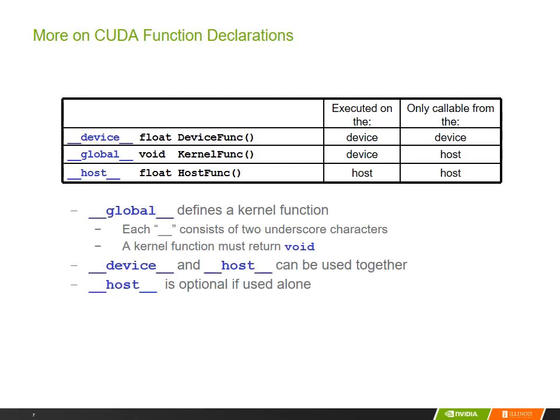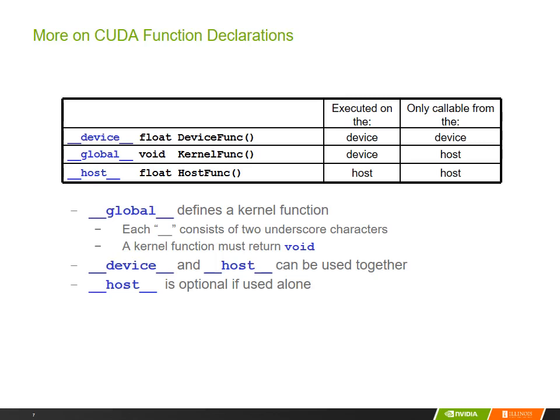Now we're ready to close on the CUDA function declarations. We have seen there are host functions, such as the vector add function that performs the outsourcing, and we have a global function that is a kernel function. So in fact, there are three types of functions in CUDA, and we have only seen the host function and the kernel function so far.